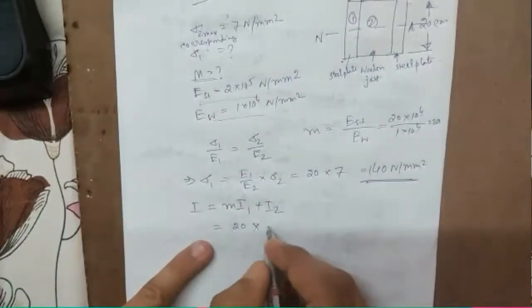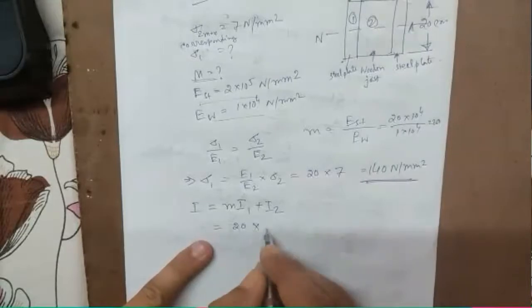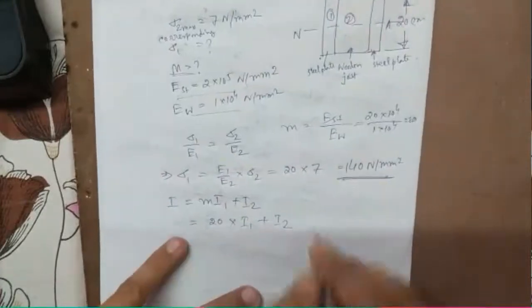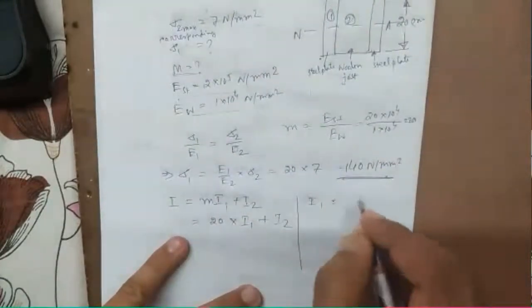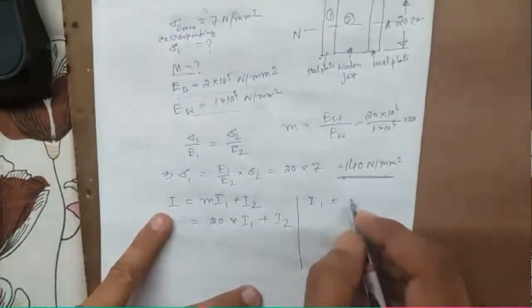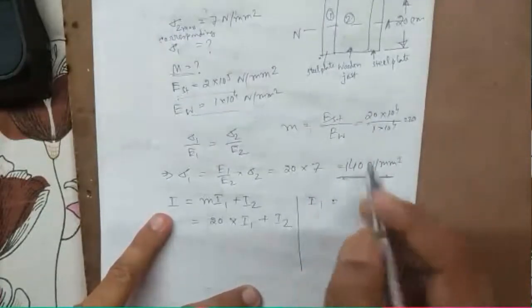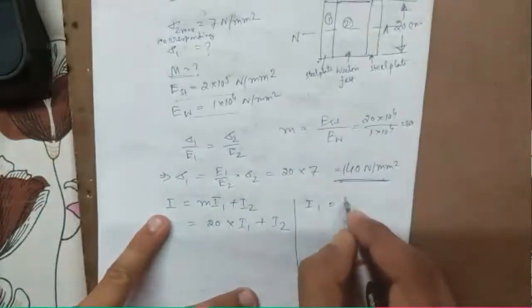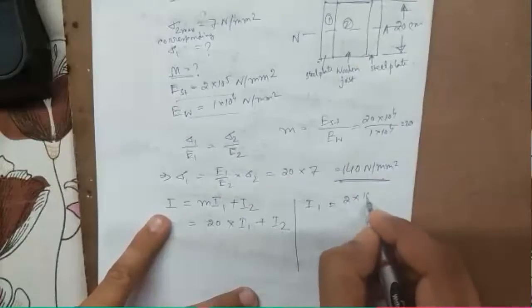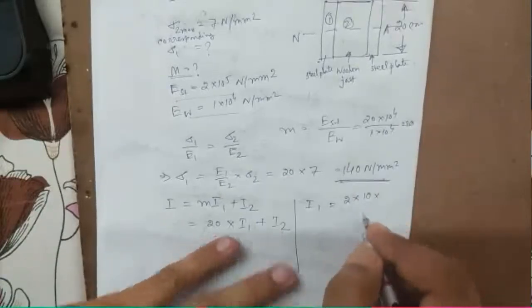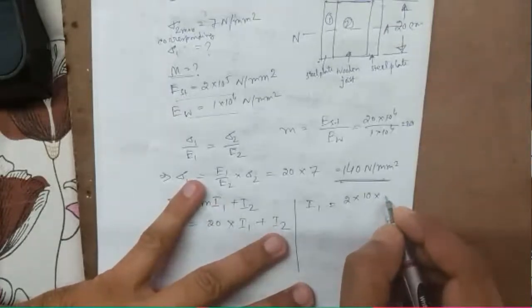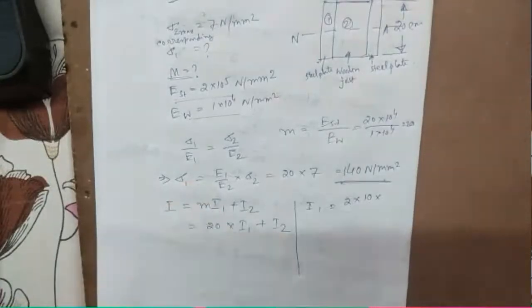I2, sorry, now we have to find out I1 and I2. So I1 will be equal to BD cube by 12, but it is having two different plates. One is left and another one is right. So 2 into B is 10 millimeter, 1 centimeter means 10 millimeter, into D 20 centimeter. So 20 centimeter means we convert into millimeter.